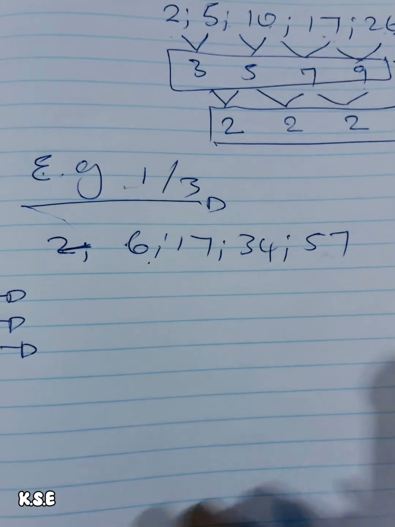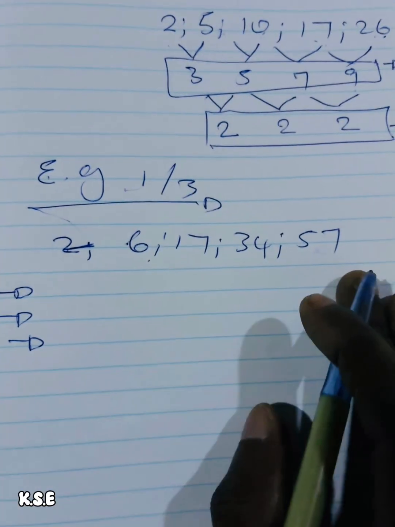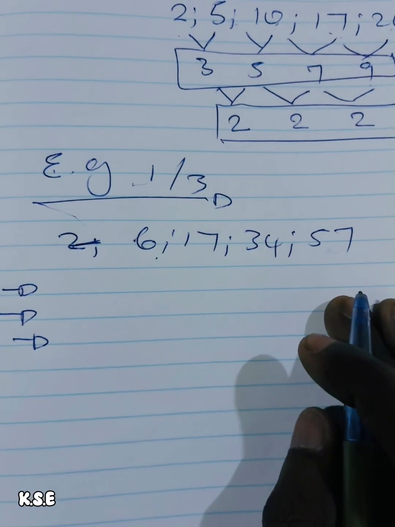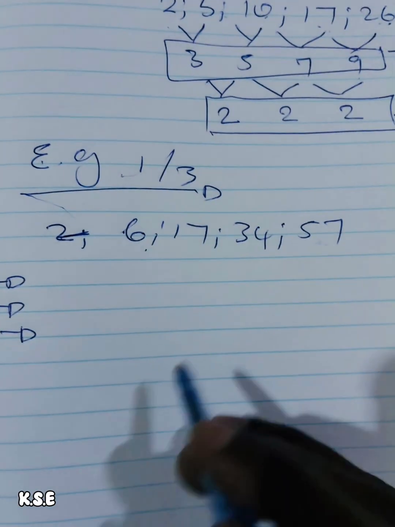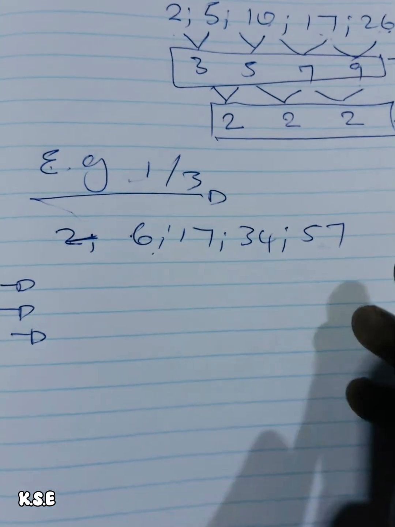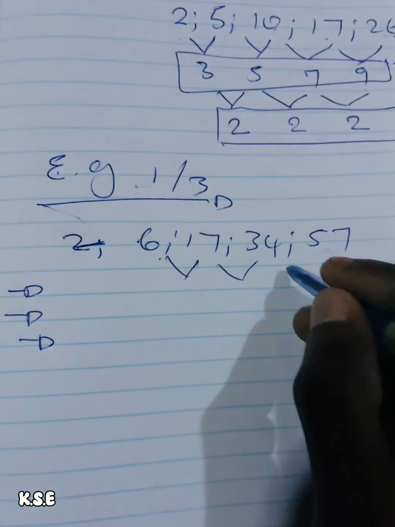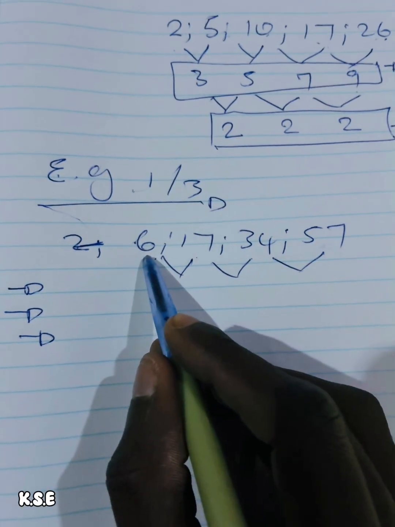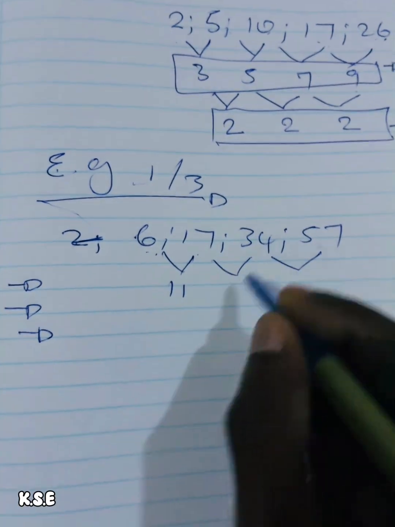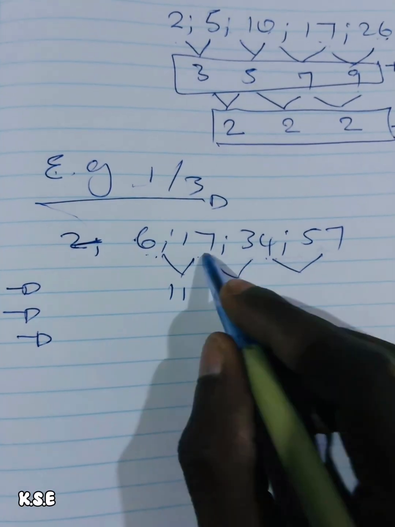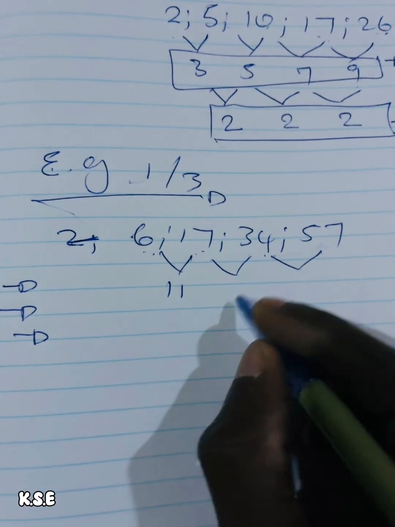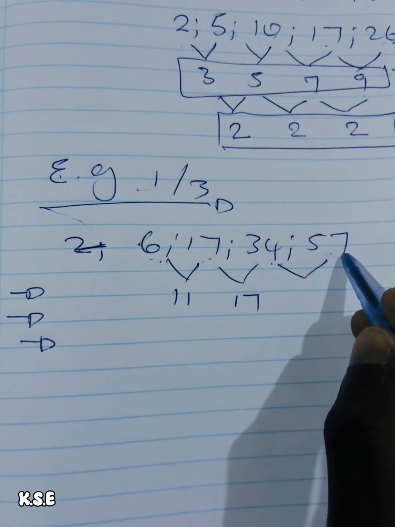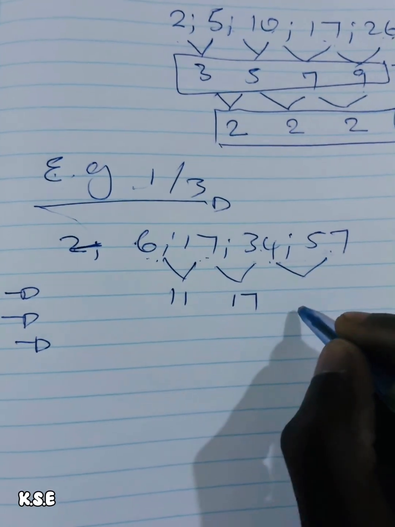The question says consider this pattern, which is a quadratic number pattern. The first thing we have to do is find the first difference. 17 minus 6 gives us 11. 34 minus 17 gives us 17. 57 minus 34 gives us 23.